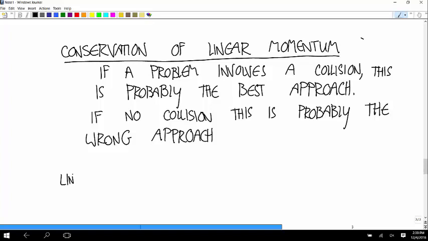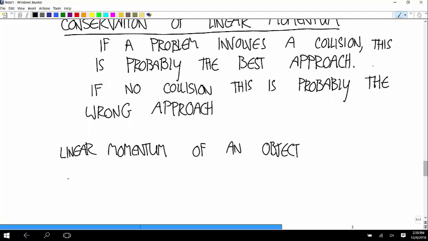The linear momentum of an object is always going to be denoted with a lowercase p. I'm not sure where that comes from, but I would guess Latin something. And the linear momentum p is equal to the mass of the object times the velocity vector of the object.